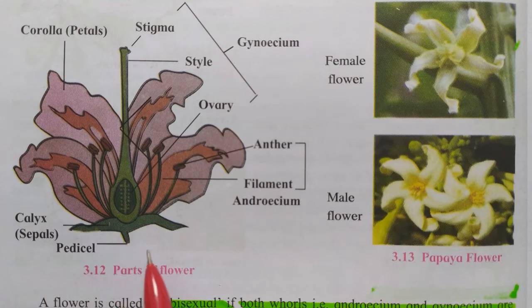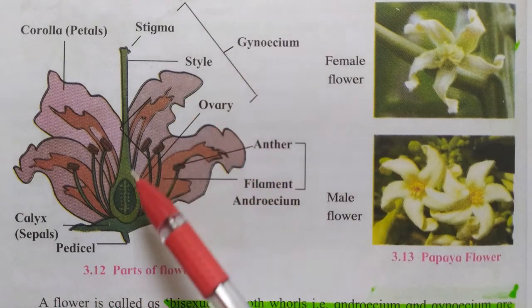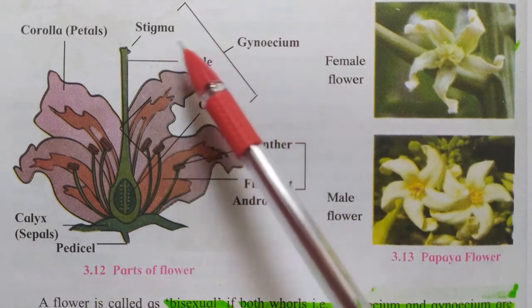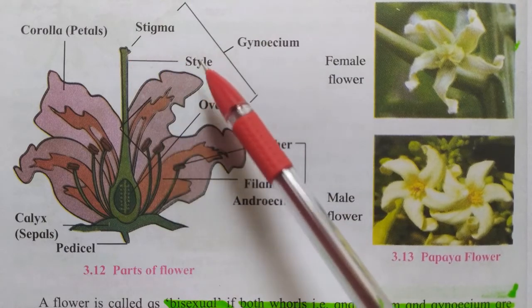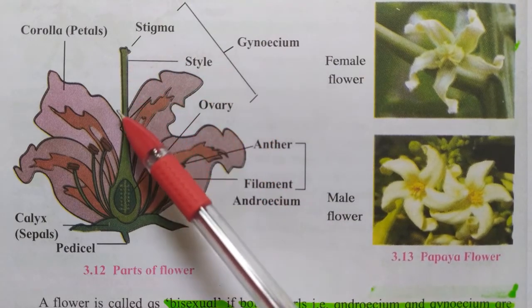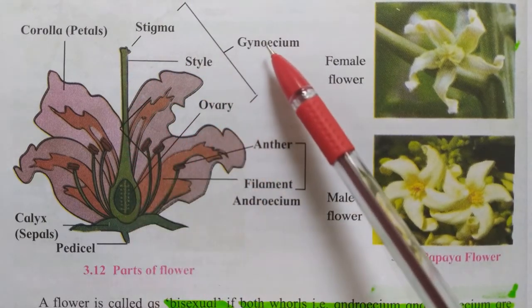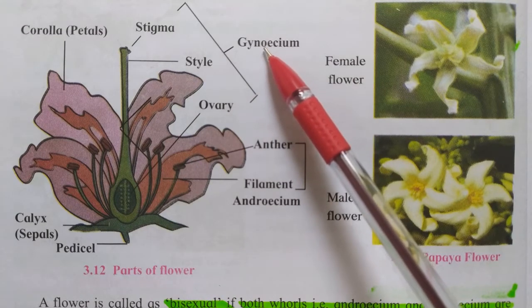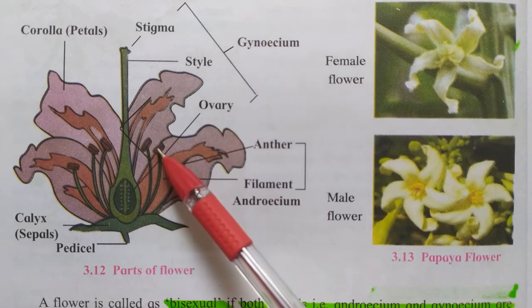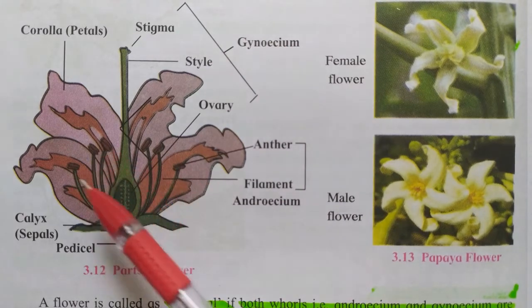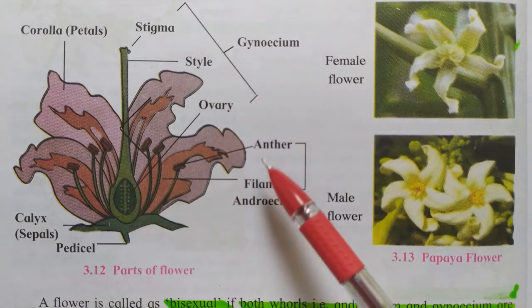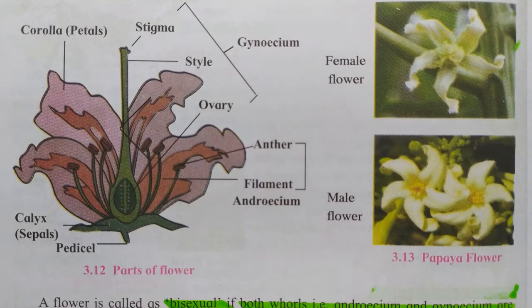The stalk of the flower is called pedicel. Stigma, style, together with ovary, this inner green part is nothing but gynoecium, that means female part, whereas these parts, each with a filament, are called androecium.